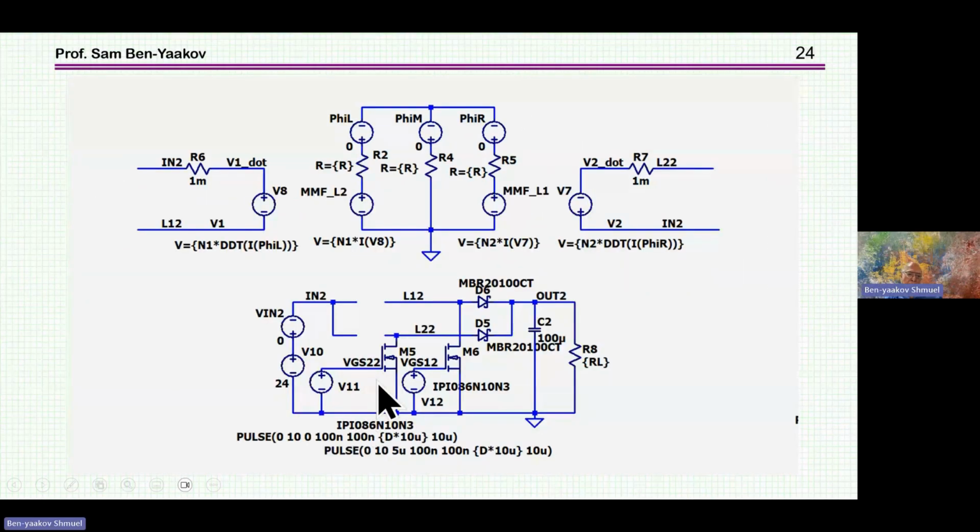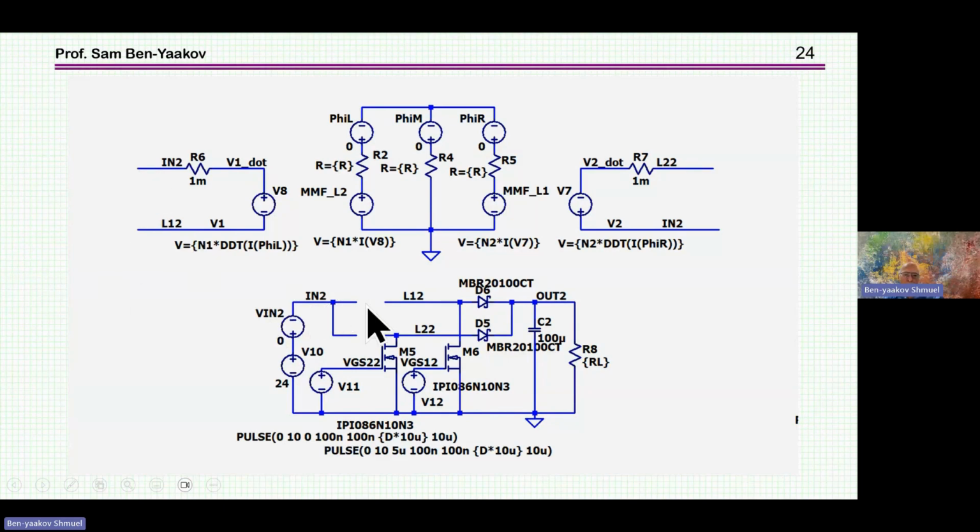Now that we have the two tools, we can combine them. So rather than having here an inductor, or coupled inductor, I should say, I have this structure, which represents the magnetic part of the coupled inductor, plus the two terminals, which are representing the inductor. So these are connected here, okay?